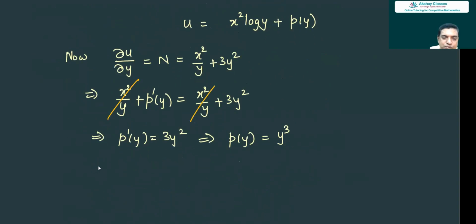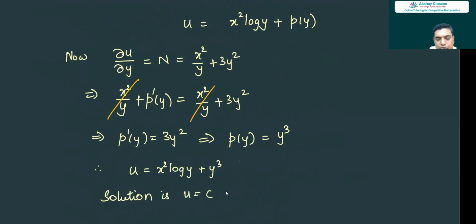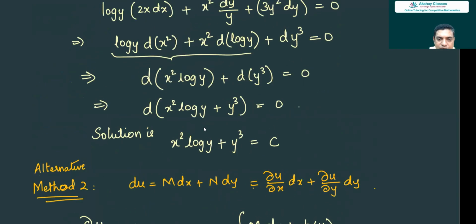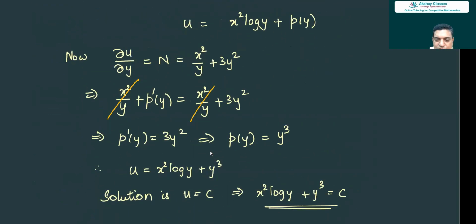Therefore u is equal to x square log y plus y cube. And what is the solution? U is equal to constant, which means x square log y plus y cube is equal to constant. That's what we got from here.